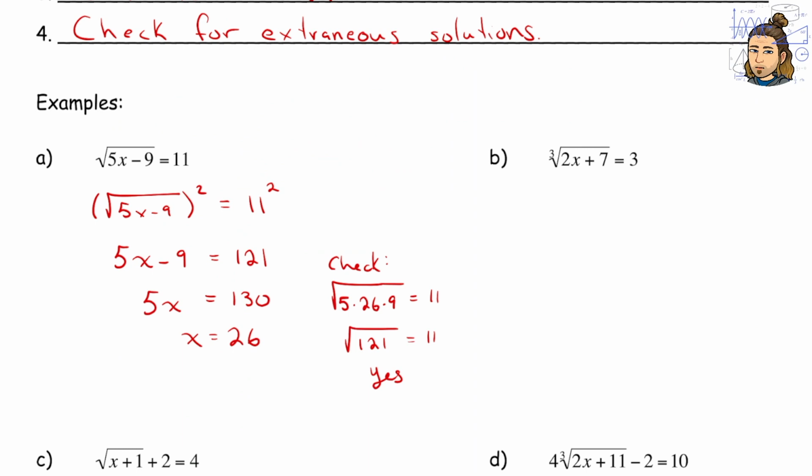We have the cube root of 2x plus 7 equals 3. So we'll go ahead and raise each side of this to a power. We can now simplify, eliminating the cube root. And now use our algebra skills to solve.